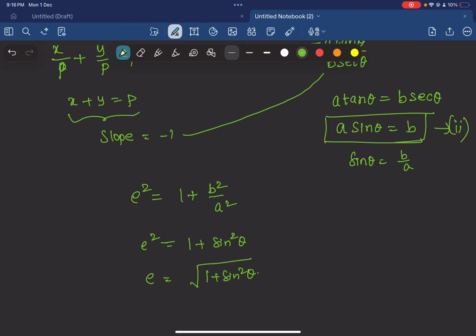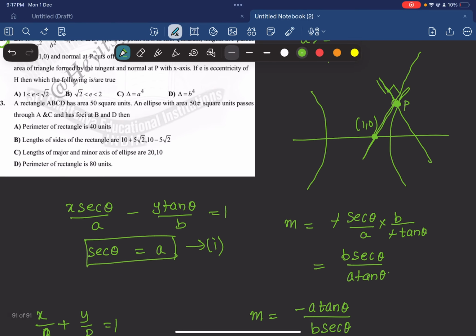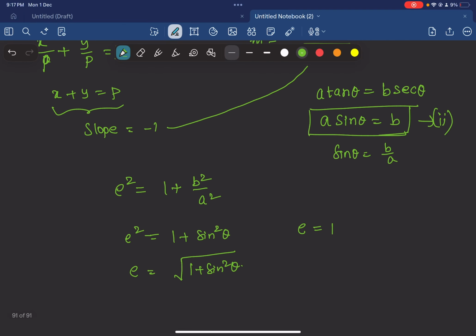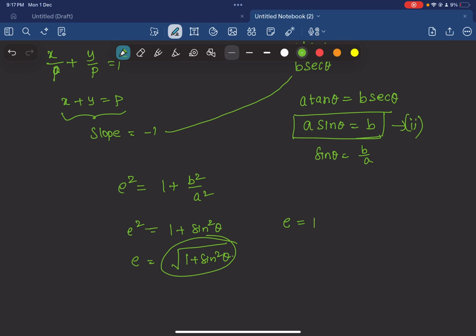We know the minimum value of E will be when sine theta is equal to 0. So that is 1. But sine theta cannot be 0 because they clearly told that the point P lies in the first quadrant. Alright. And this will be maximum when sine theta is equal to 1. So the E will be root 2.